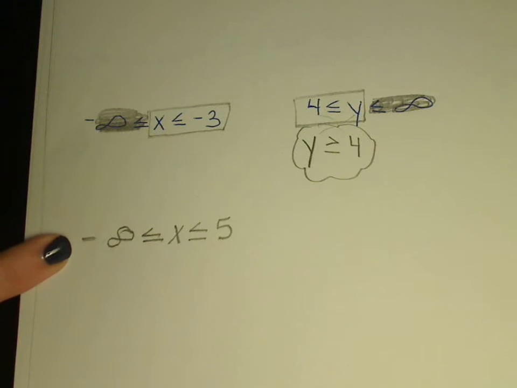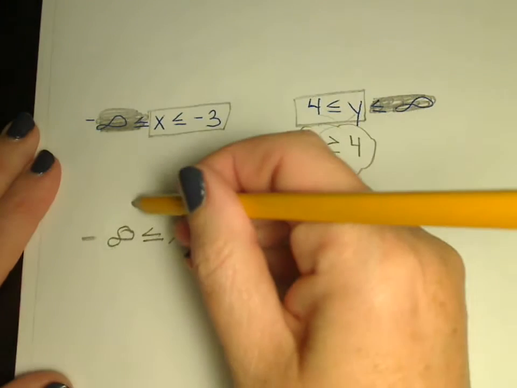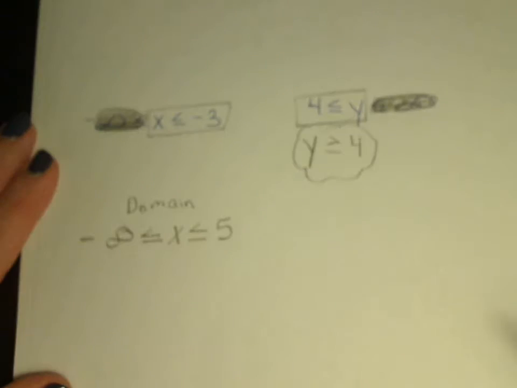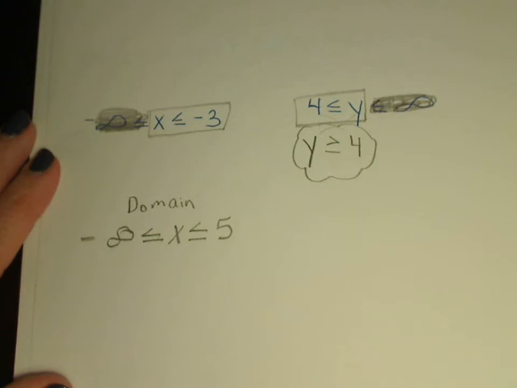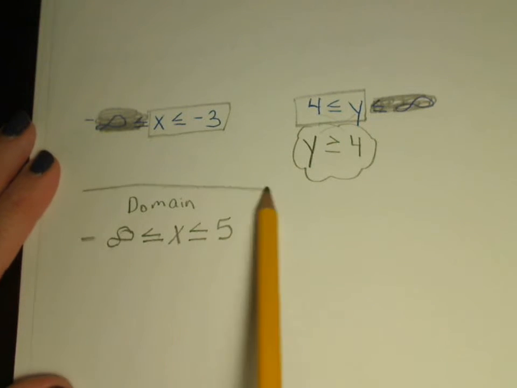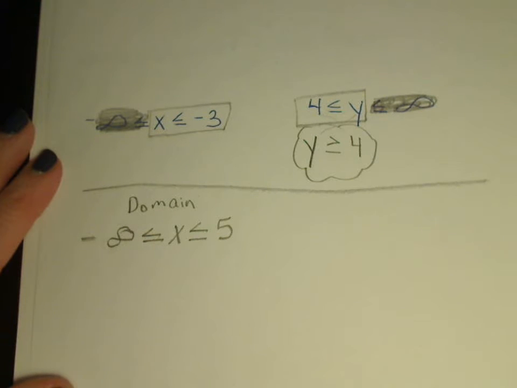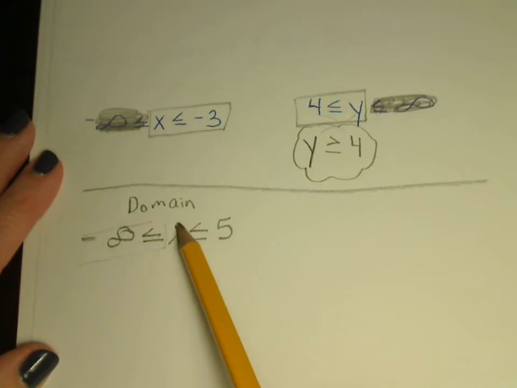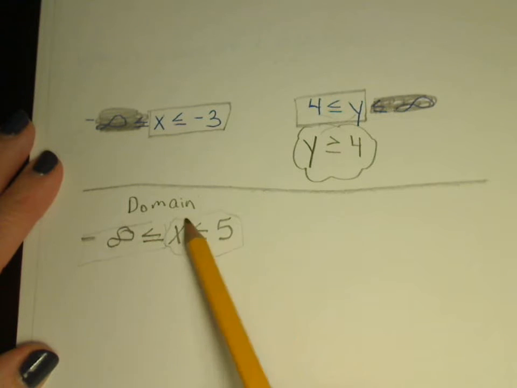If this answer is on the test, how would you possibly rewrite that on your paper as how we did it? And this would be for the domain, because remember, domain is X and the range is Y. Very good. You're going to take all of that off and you're just going to leave that part.